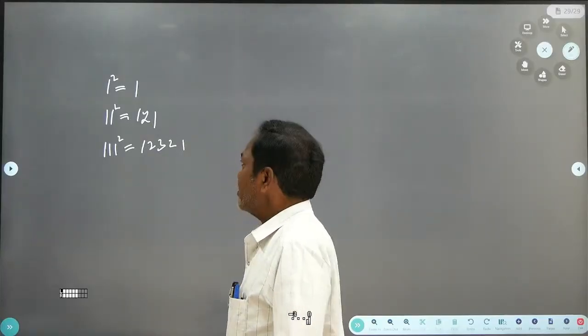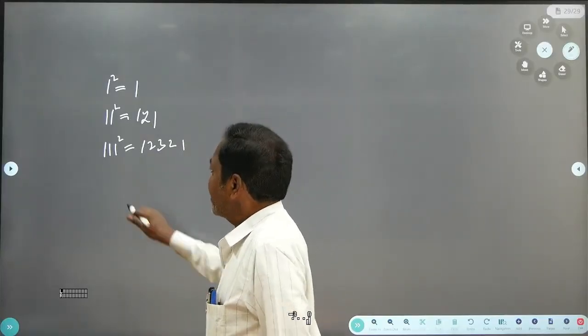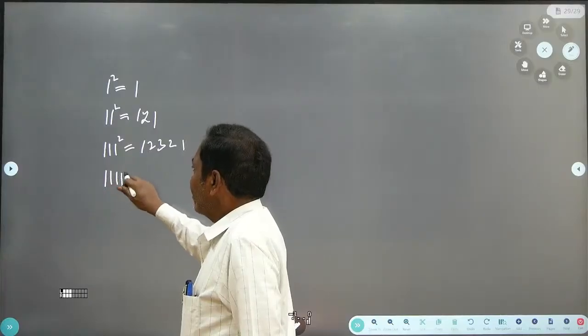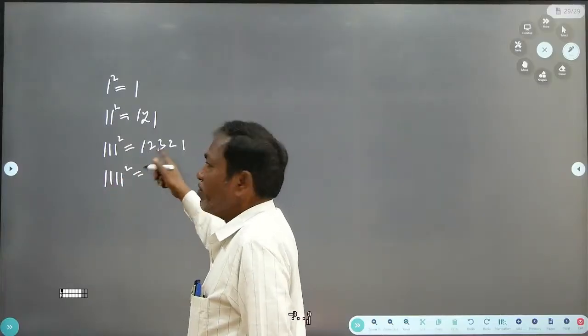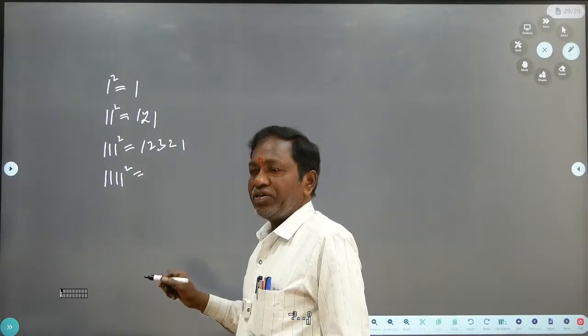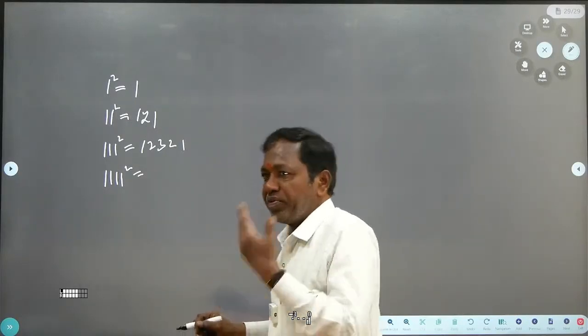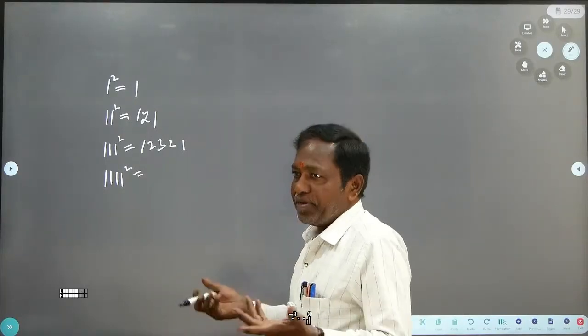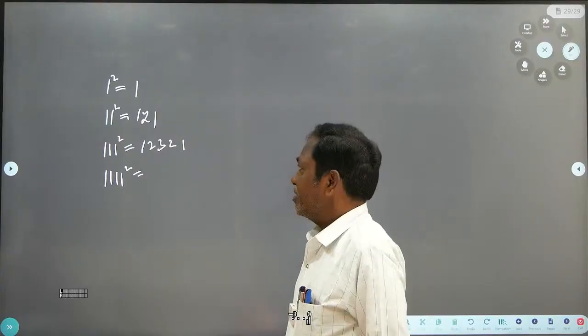It means what is the understanding here? Reversing the digits. Forward order, backward order, like a Vikatakavi. The word Vikatakavi, either you read from the beginning or from the last, remains the same.